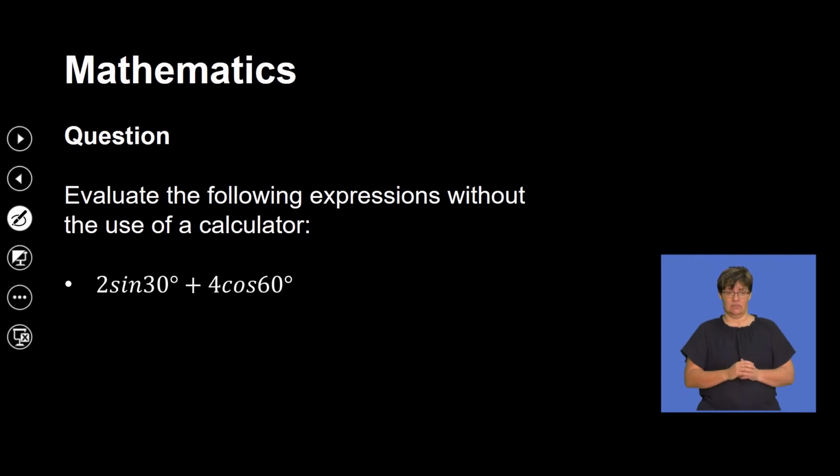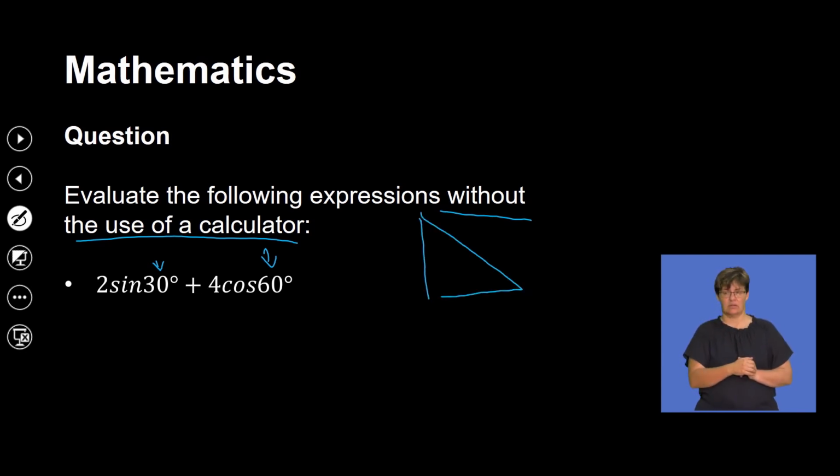Now, if the question was to say, evaluate the following expressions without the use of a calculator, the reason why they are saying without the use of a calculator here is that these are special angles. So the 60 degrees and the 30 degrees are special angles. So you can just quickly remember to draw the triangle that has 30 degrees there.